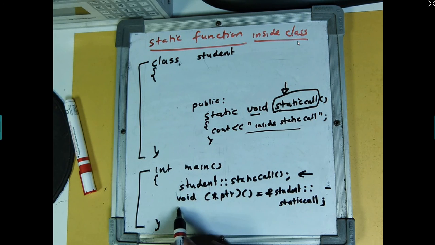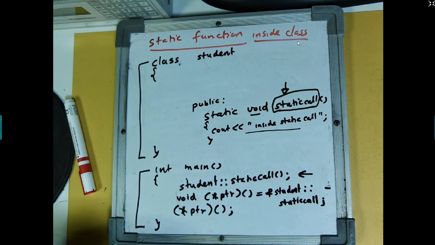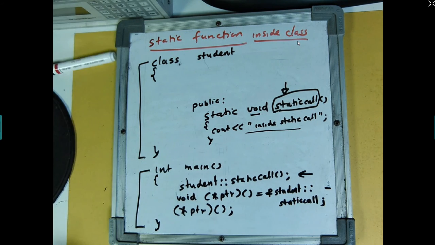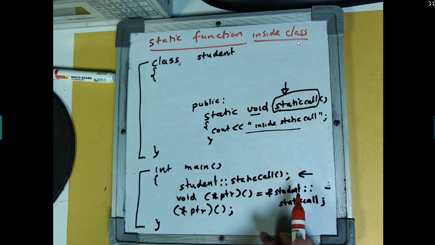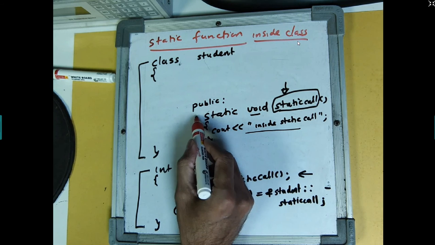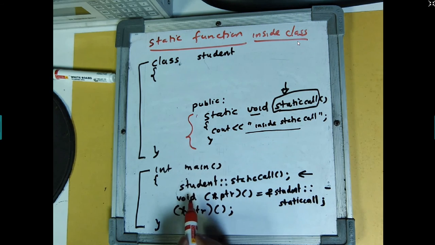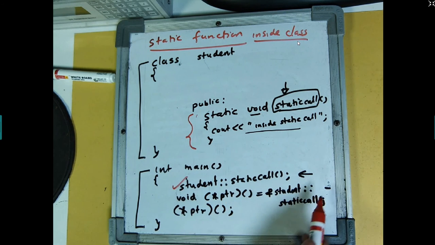Now we can call this by star ptr, then simply like this. So this is a second way of calling a static function from within the main without creating an object. This is the first method, simply call.